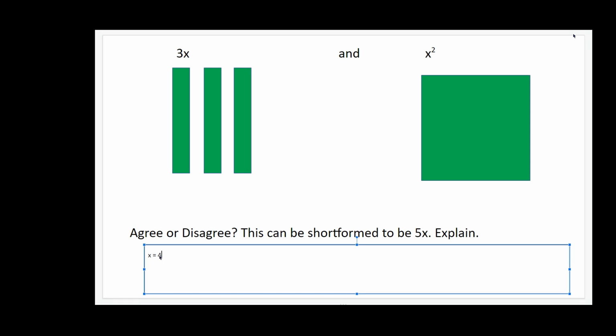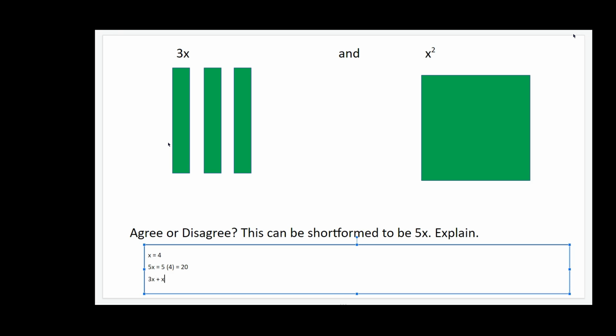Well, I want to know if 3x plus x squared, the answer to that is the same as the answer to 5x. So 5x would be equal to 5 multiplied by 4. Well, 5 sets of 4 would be 20. So now I have to figure out 3x plus x squared.